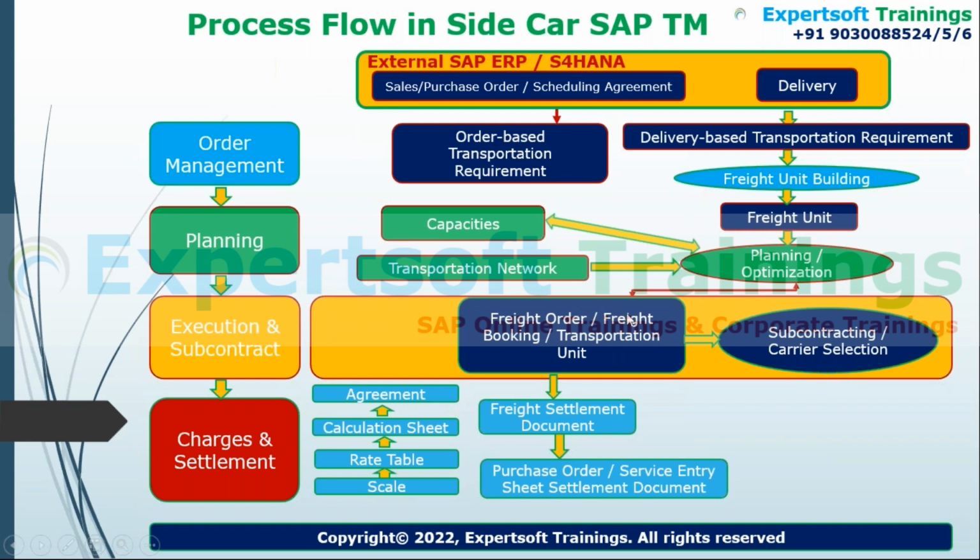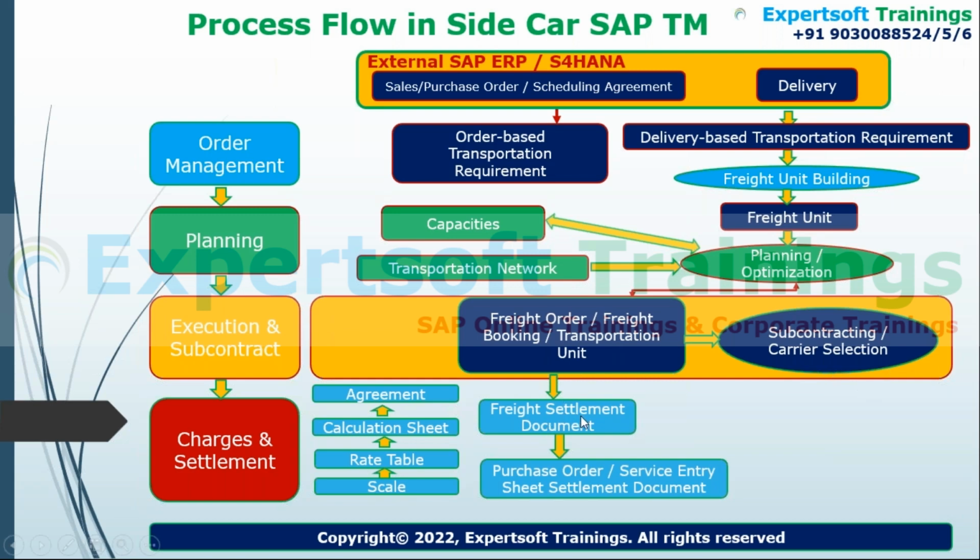Once my shipment document is created, you can assign a carrier, because ultimately a forwarding agent or LSP will drive the truck from the source to destination. So once the carrier is selected and assigned, there is a charge calculation done here. Once the charge calculation is done, the freight order, freight booking, then you can do a settlement process.